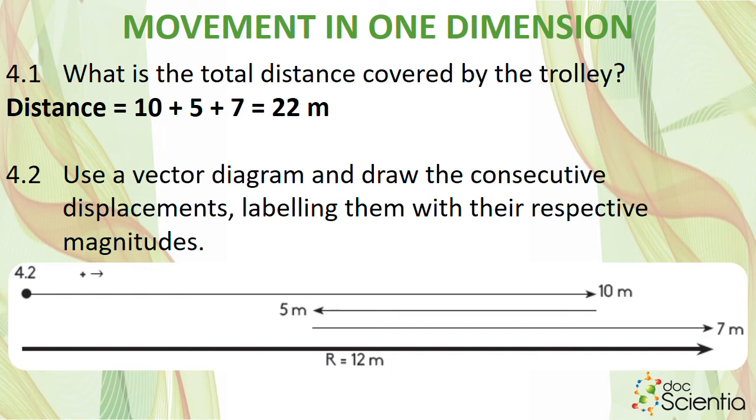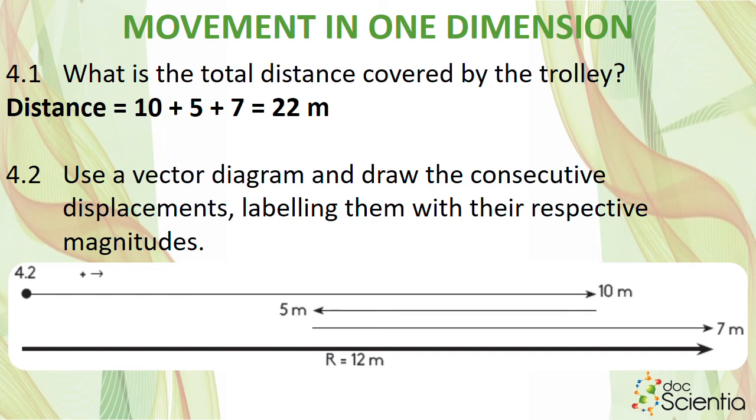Dan vra hulle vir jou, teken 'n vector diagram vir dit. So you have your starting point, then you draw it 10 meters that way. Dan die volgende beweging is mos in die teenoorgestelde rigting, né? So you start your next arrow below that. Stem julle saam? Katrien, is jou right? Seker? Okay.